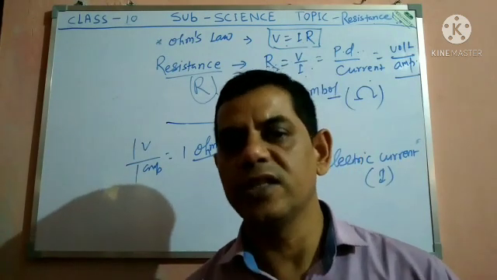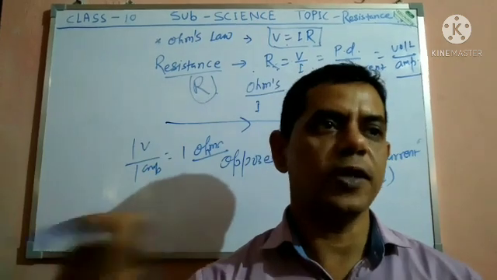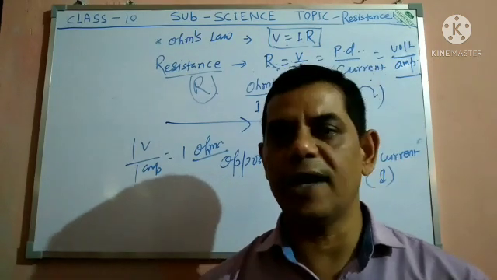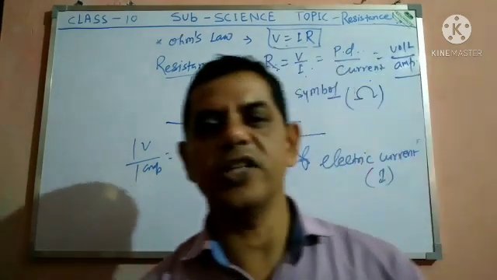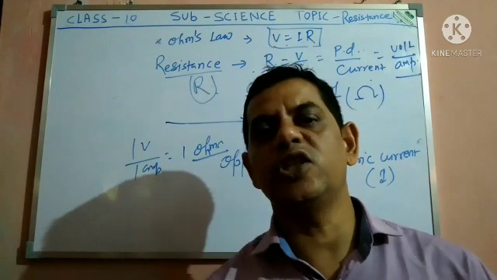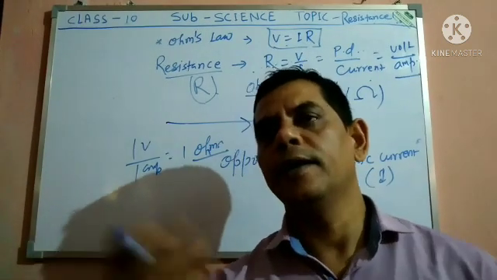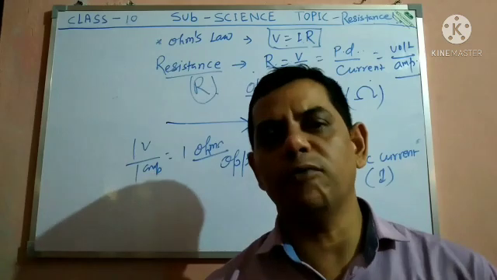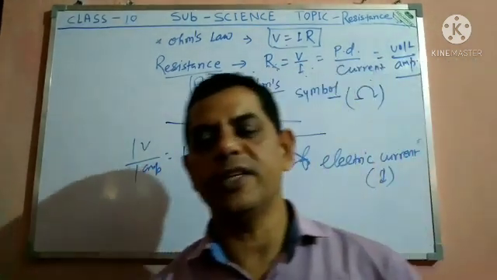When heat is generated, they pass the current. Silicon and germanium are two types of semiconductor. When heat is more, they pass the electric current. When cooled, they behave like an insulator. That is called a semiconductor.